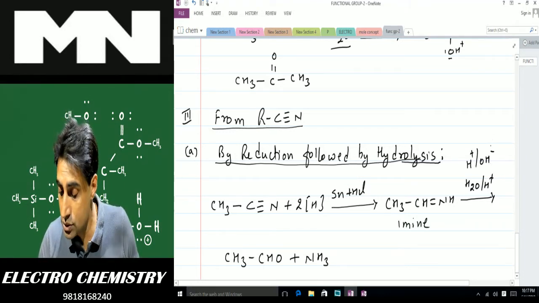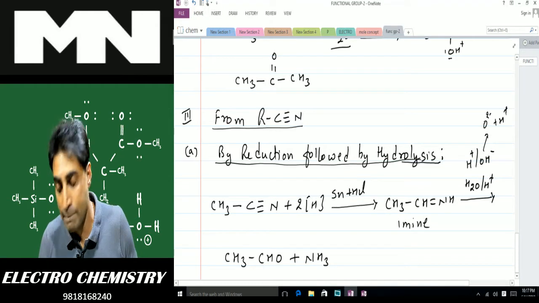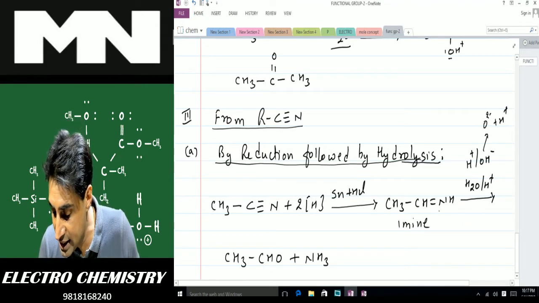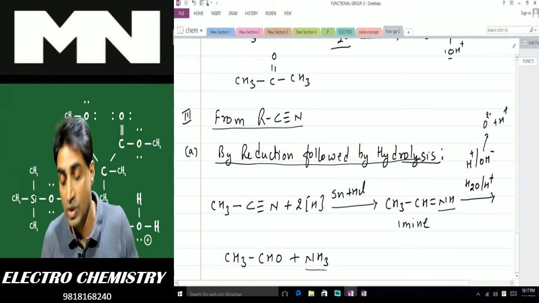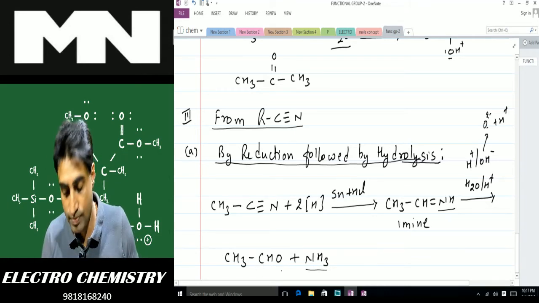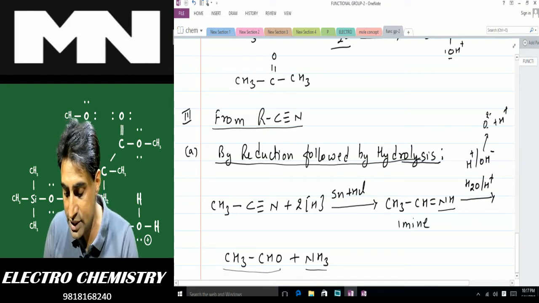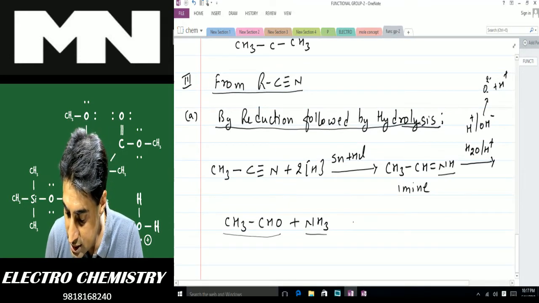As I told you, this OH negative will further break into O2 negative and another H positive. So from a water molecule, we are getting two H positive that will combine with NH and will form NH3. So they will come out as NH3. We are left with O2 negative that will combine with carbon and lead to the formation of CH3CHO. So acetaldehyde is what we are getting. So this is how the reaction is occurring. And this reduction process is known as Stephen's reduction.